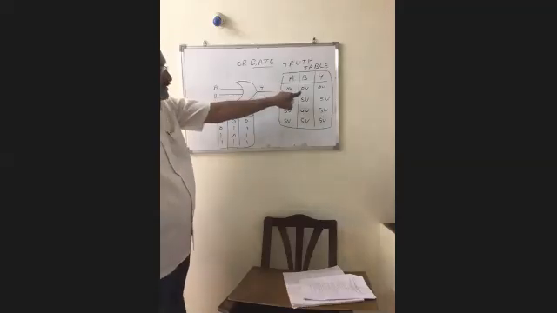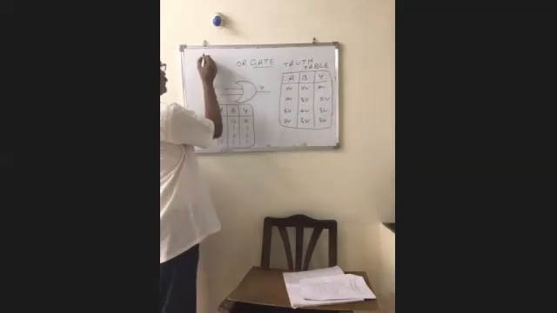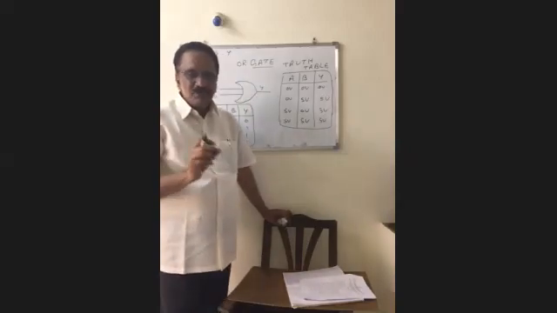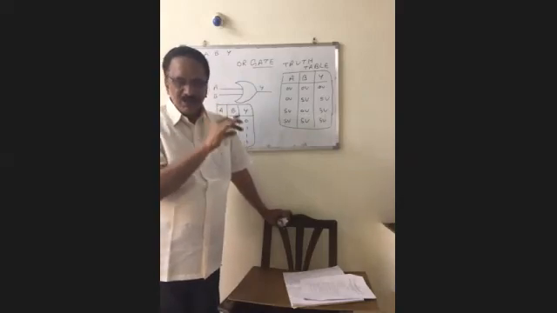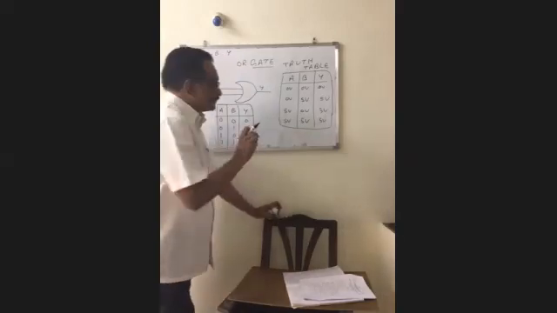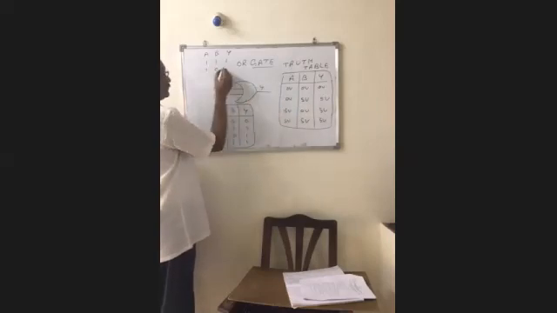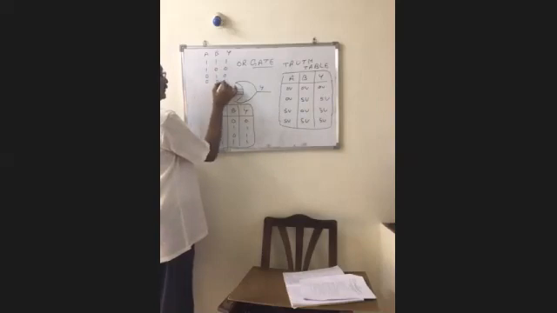Actually, if we write the truth table of an OR gate in a negative logic system, let us assume A, B, Y. In the negative logic system, high voltage is represented by 0 and low voltage is represented by 1. 1, 1, 1, 1, 0, 0, 0, 1, 0, 0, 0, 0.